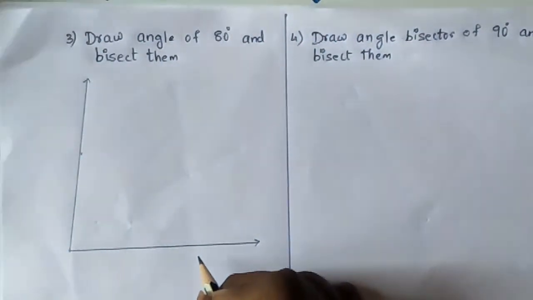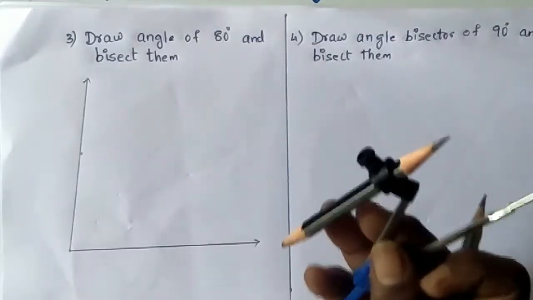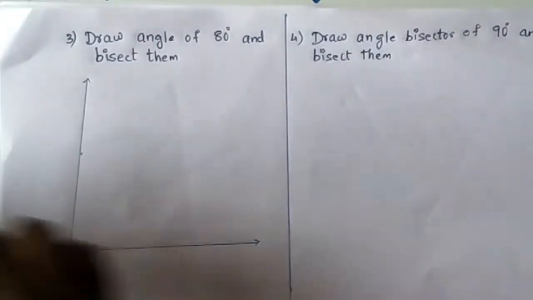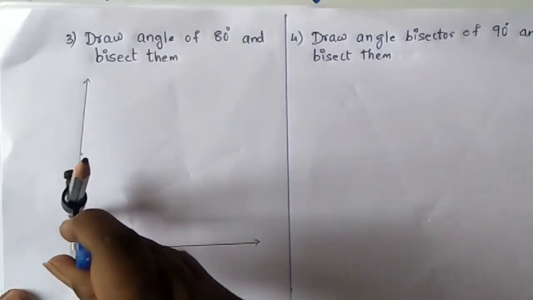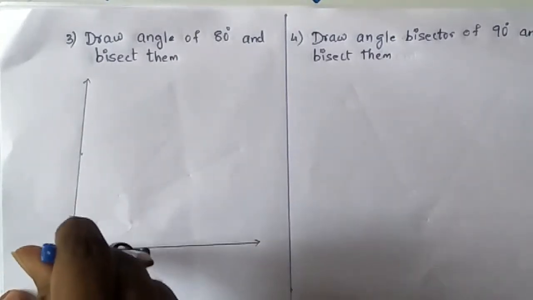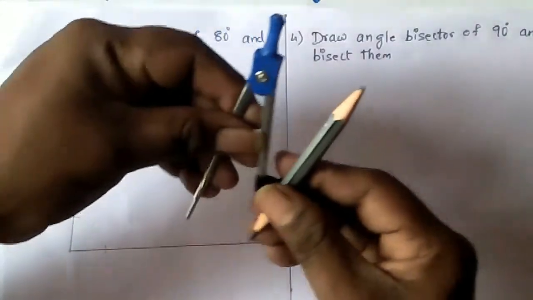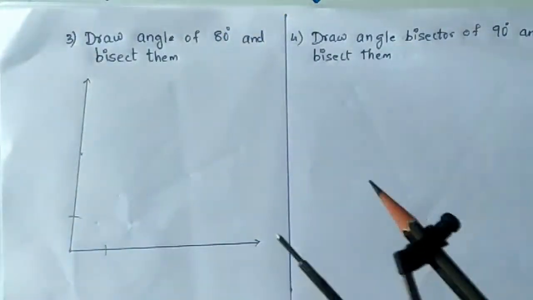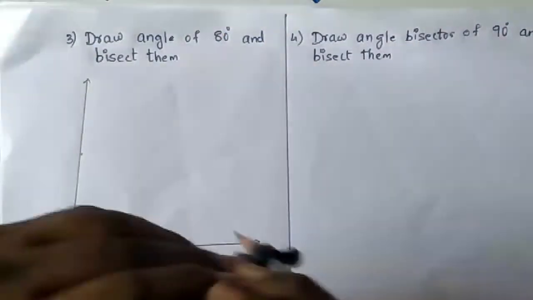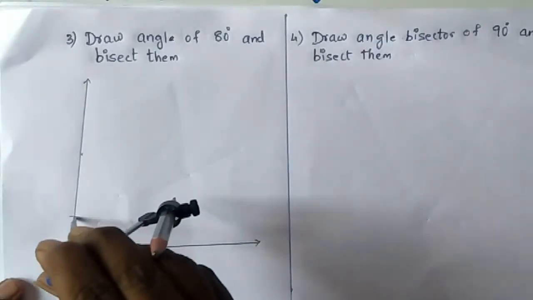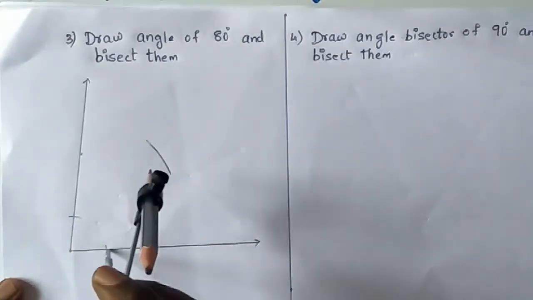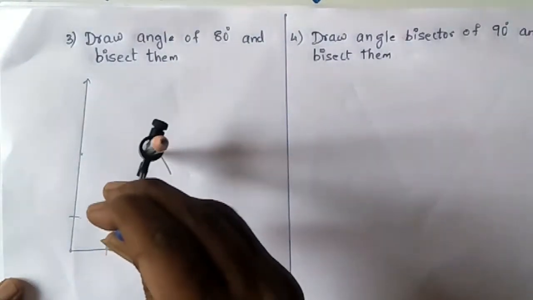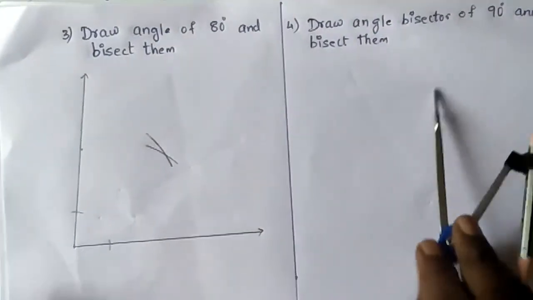Then using a compass, again same, mark an arc on both the sides, then increase the compass length and make an arc from this side, make an arc from the other side.